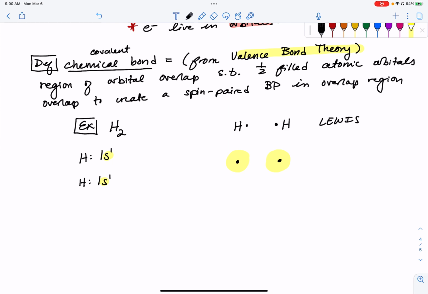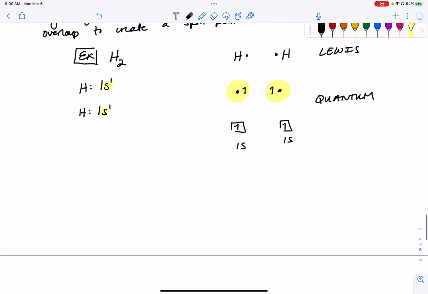And if I were to think about the orbital box diagram of each of these, if they're 1s1, then they are each half full with a spin up electron. So this is our quantum representation of what's going on.